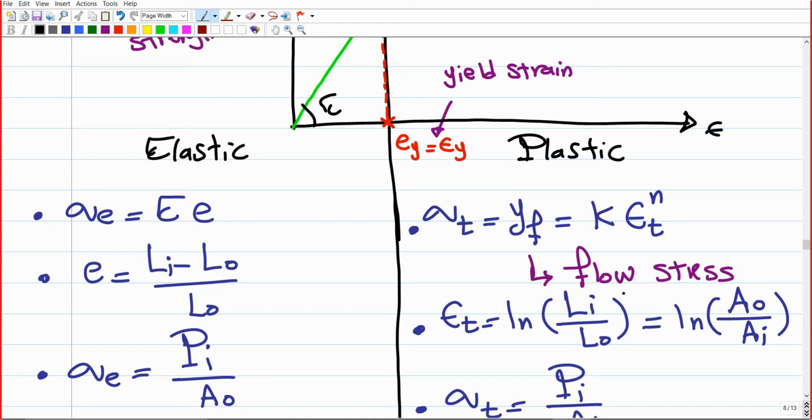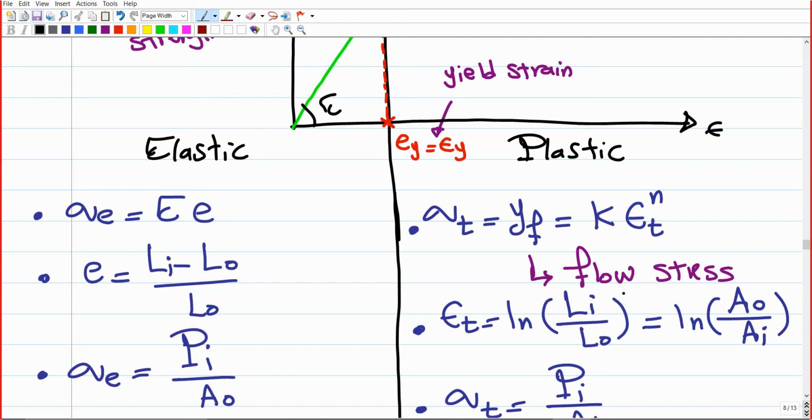It's gonna be clear, for example, when we discuss the extrusion process, where we're pushing the material to flow through a small channel. So we need an amount of stress to force the material to flow. That's why this type of stress is named flow stress.